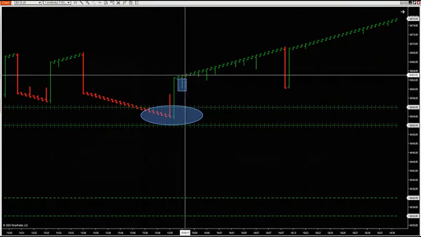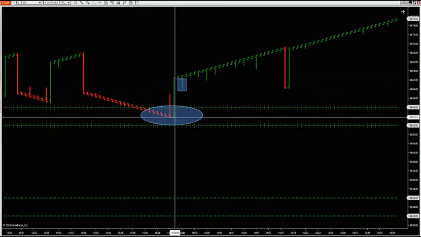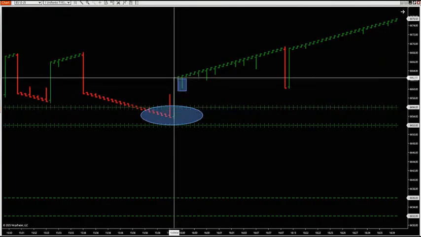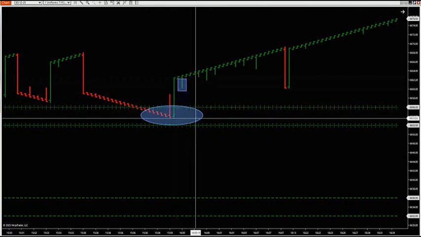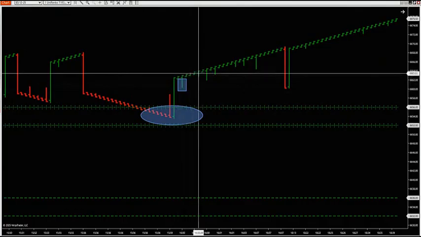Because if you notice, the ones that tend to fail out of the zone on a 135, because it's such a large Renko size, they will fail early on, right after you get the 35 tick reversal. You know, they'll print yellow and then it'll just fall off. But the ones that continue, they'll just have liquidity grab after liquidity grab all the way up.